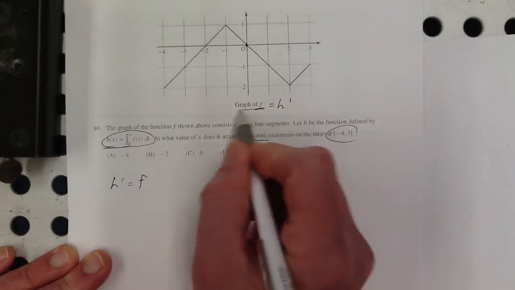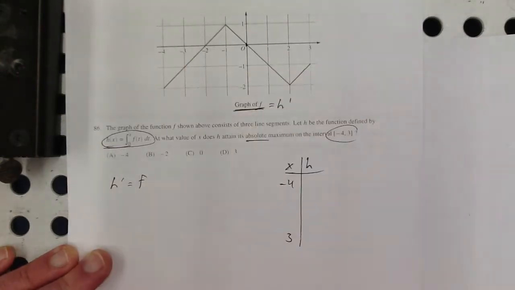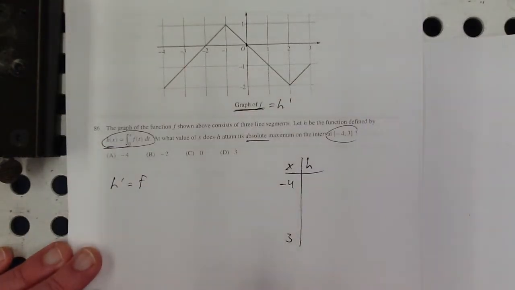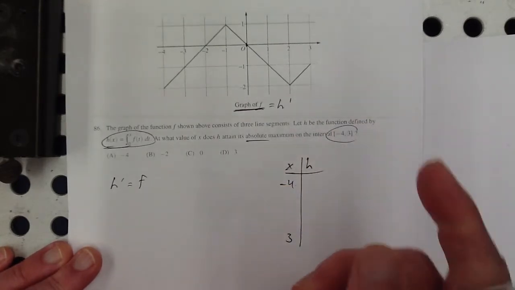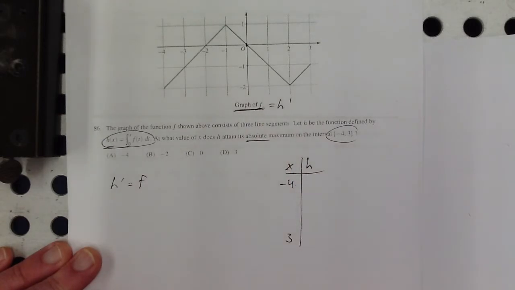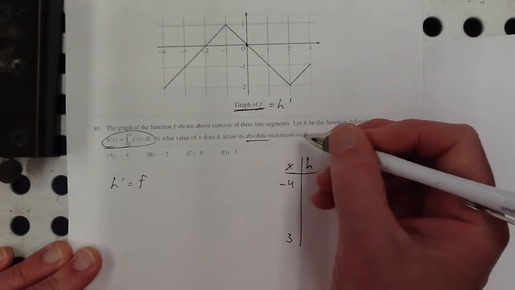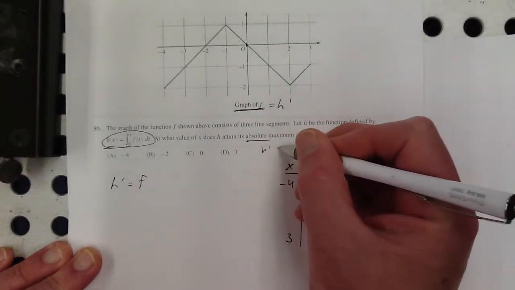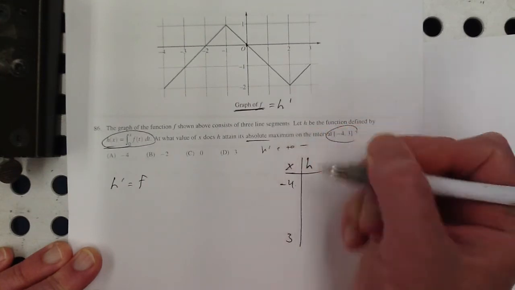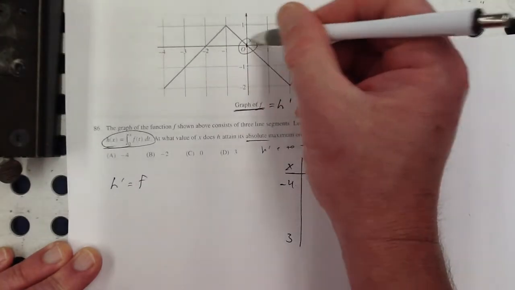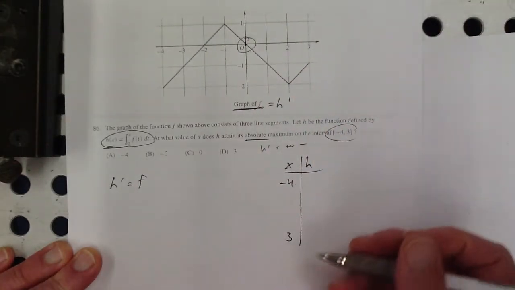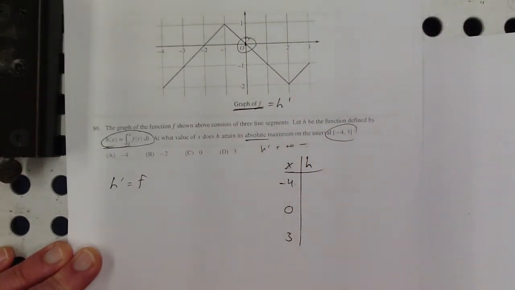So this graph of f that they gave me here, it might as well be a graph of h prime. So if I'm looking for a maximum, it's either going to happen at one of the endpoints or where h prime goes from positive to negative. So h prime goes from positive to negative right here at 0, and only at that place. So those are the contenders.